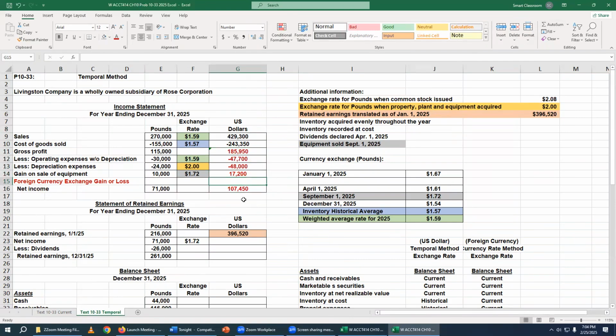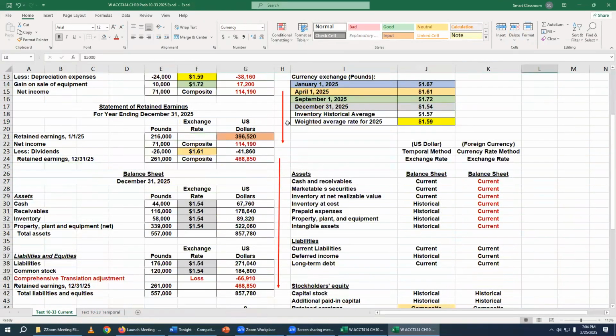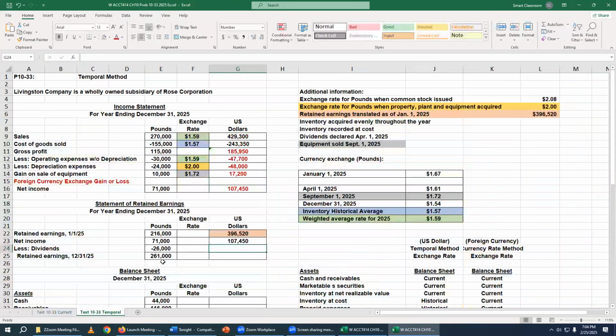We'll figure out what the gain or loss on the currency exchange is in a little bit. I've got to get this out of there. This is wrong. Okay, so net income is just going to be this. I'm going to show you guys how to be lazy like me. Copy my little arrow over here. See how lazy that was?